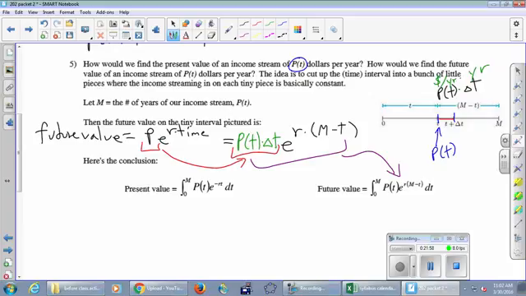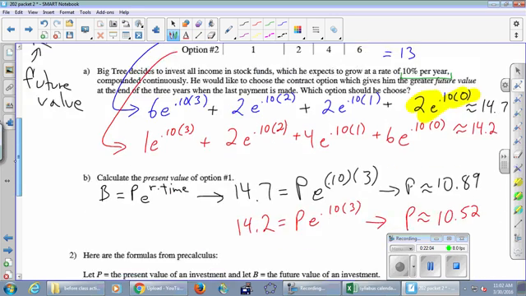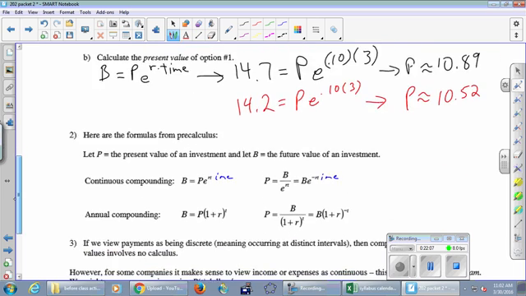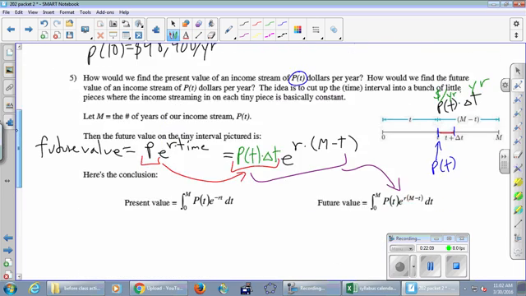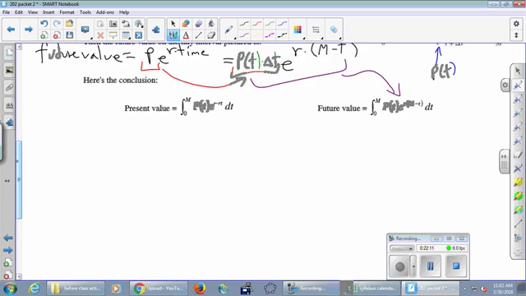Likewise, the formula for present value is another integral. We didn't actually focus on the present value formula. What are the two variables? M is going to be a constant that's given in the problem, like 3 years for the basketball player. T is the variable. Interest will also be given. P of t will be a formula with t's in it.